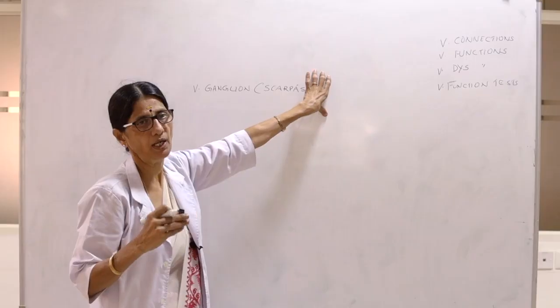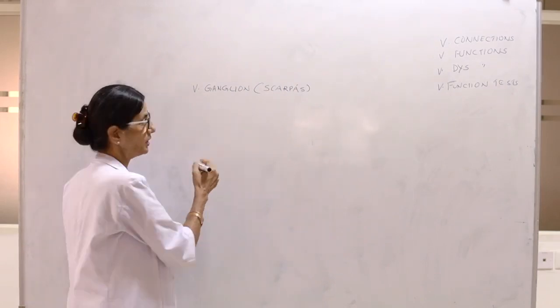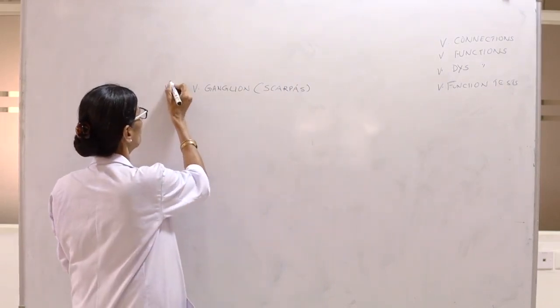So we have the first order neuron, which is the vestibular ganglion, formed by the fibers of the vestibular division of the 8th cranial nerve, and this is actually coming from these receptors. This forms the first order neuron.